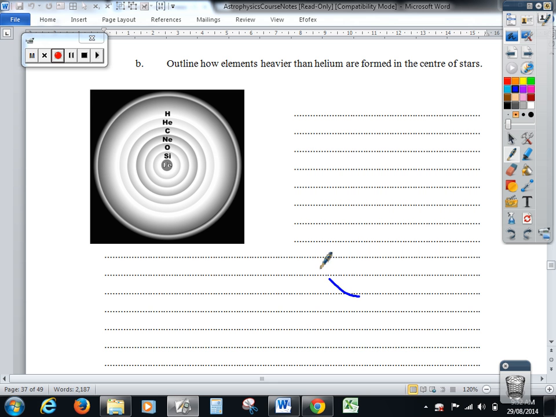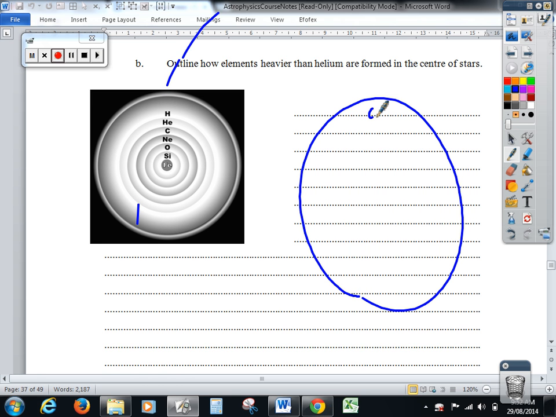So this is the core. So the actual star is out here, okay? This is the core only. You are only seeing what's in the centre, where the nuclear fusion happens. The core is only a small part of the massive star. So if this is there, I'm drawing that. That is that. Okay?